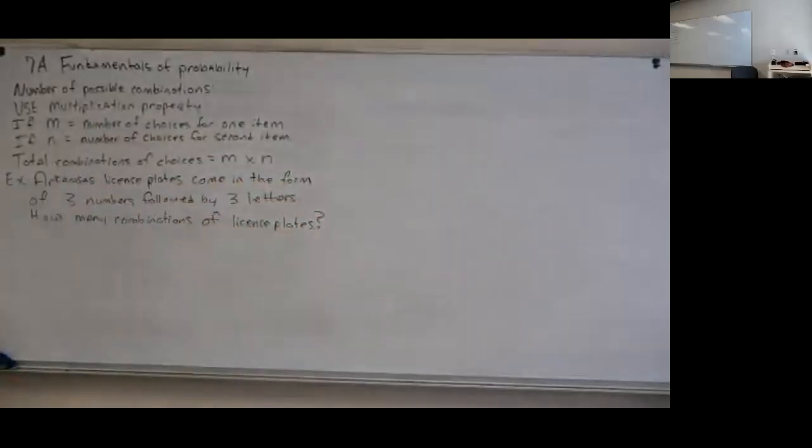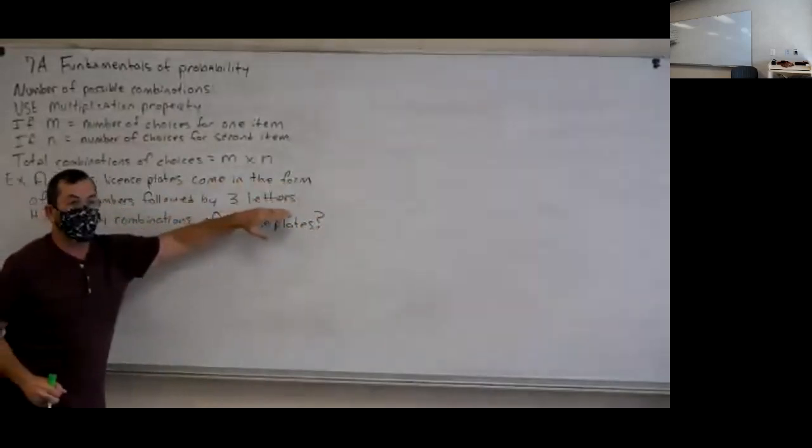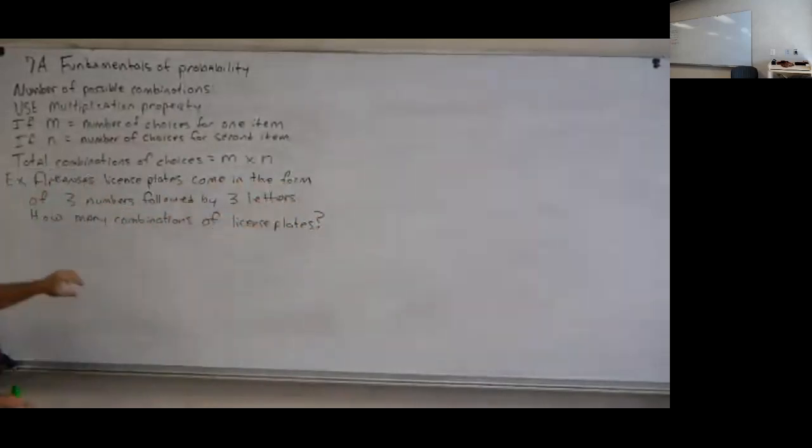So what you've got to figure out is, we have 3 numbers followed by 3 letters. For the first number, how many choices do we have? It can go from 0, 1, 2, 3, 4, 5, 6, 7, 8, 9. So I've got 10 choices. The second number, I've got 10 choices.